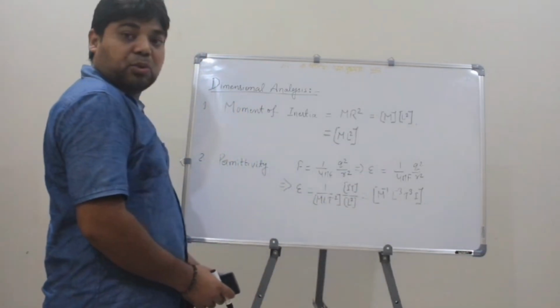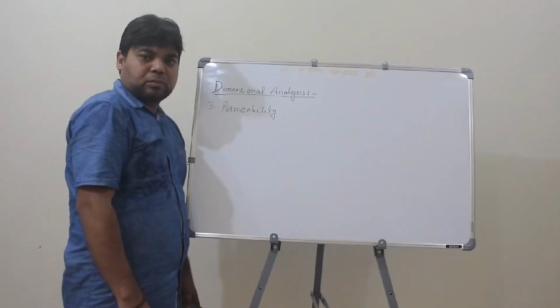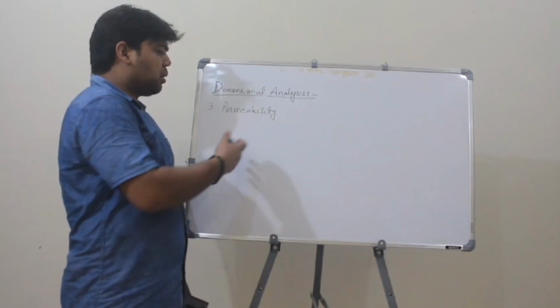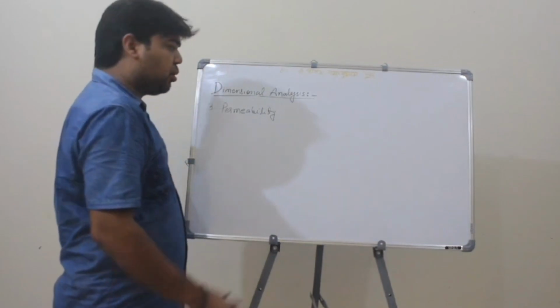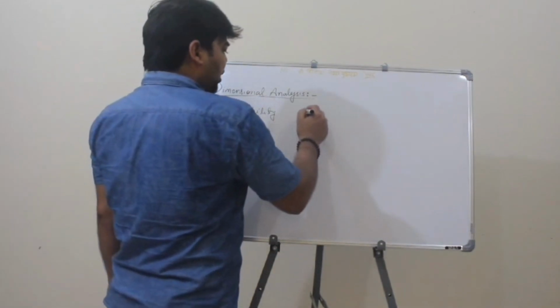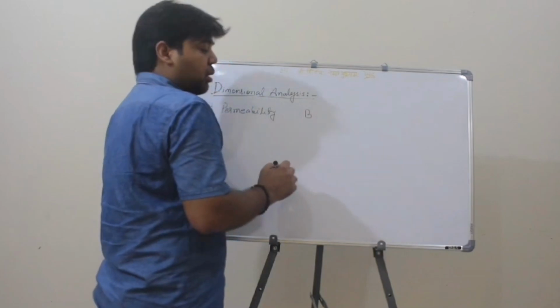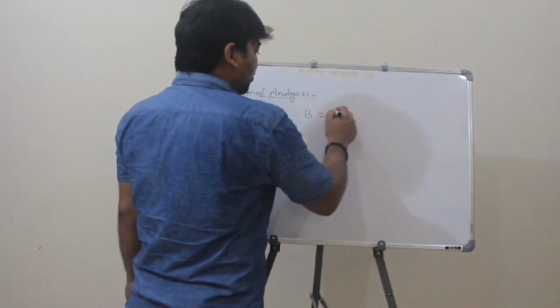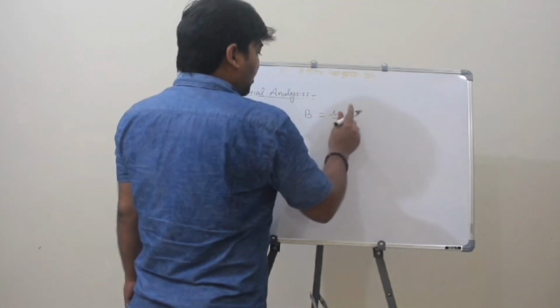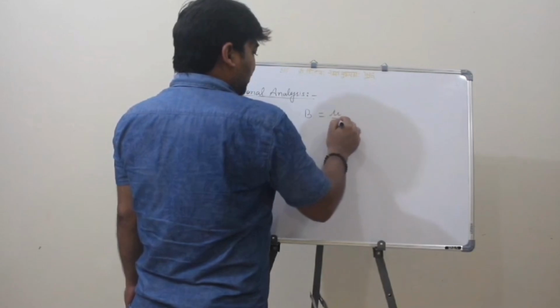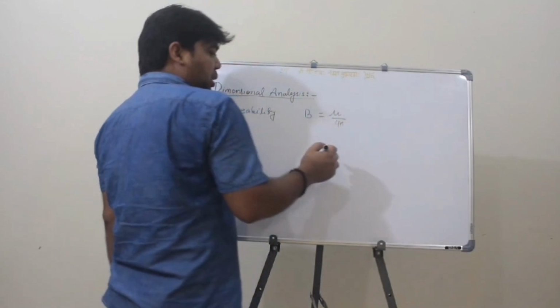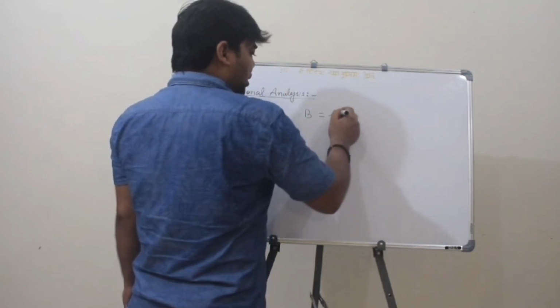Now let us go to some more quantity. Now let us calculate the dimensional formula of permeability. Now permeability is related to the magnetic field using the Biot-Savart law. So it says that B equals mu naught by 4 pi, or mu basically, if you are taking some media, so the general term is mu.